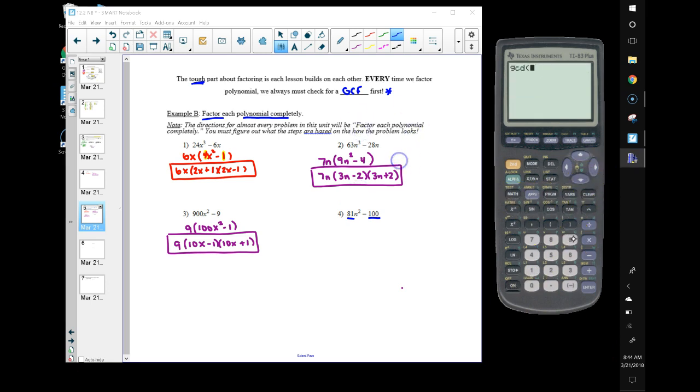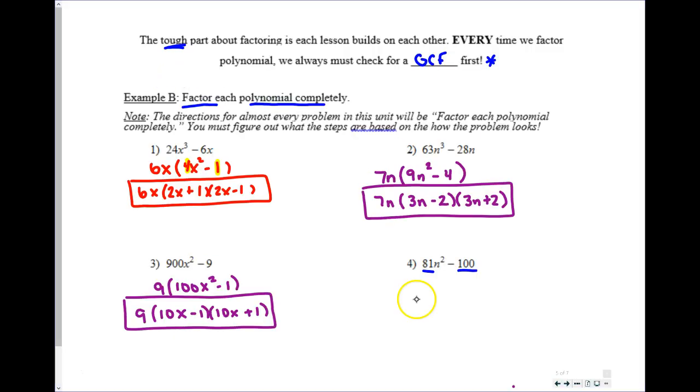You can also just hit 9 to get the 9, and it'll pop up, or you can scroll down. 81, 100. Parentheses, hit enter, and it says 1, which basically means they don't have a GCF. So I'm going to just follow my skeleton rule. This is going to become 9n minus 10, 9n plus 10. Okay?